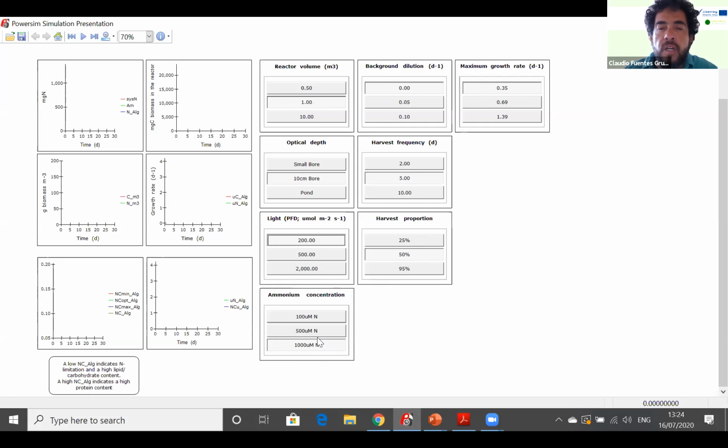And we're going to run full nitrogen, which normally, in F2 cases, is around 880 micromole of nitrate. In this case, we're going to use the maximum of 1,000 micromole of nitrogen, but the nitrogen source is ammonia.